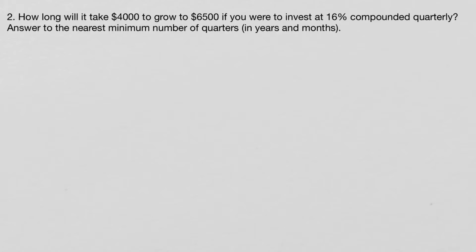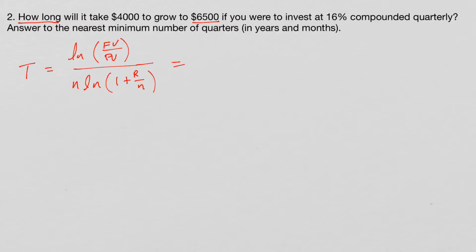Okay, number 2 is again asking how long. So I'm not going to derive the formula again. I'm just going to use it this time. The time is the log of the future value over the present value, over n times the log of 1 plus r over n. Okay. And this time we need to grow to 6,500.